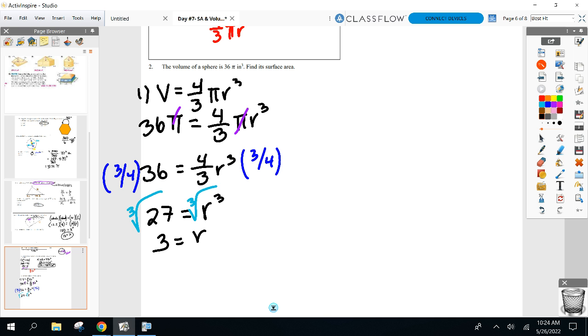Now use it to find the surface area in terms of pi for me. 4 pi r squared.